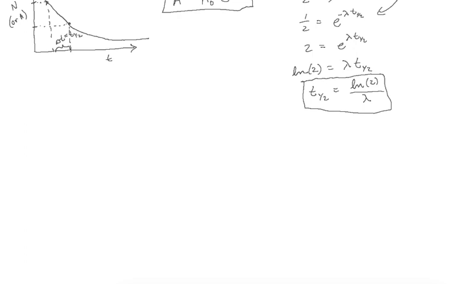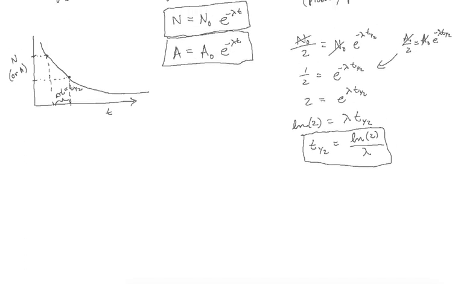So we can do one more thing with this. If we start with n equals n naught e to the negative lambda t, right? If we use this and divide by n naught, n over n naught equals e to the negative lambda t, and then take the natural log of both sides, so the natural log of n over n naught is equal to negative lambda t.